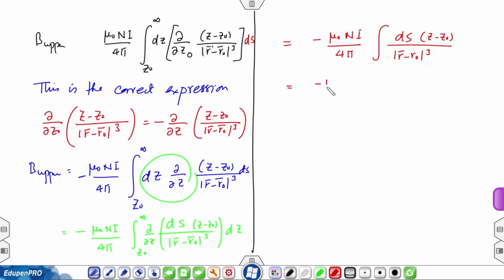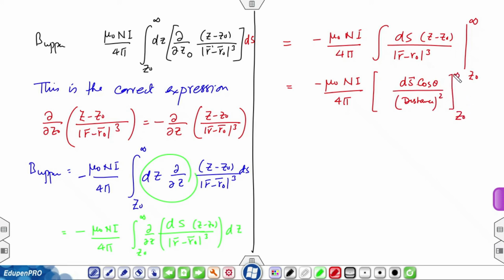Which is minus mu 0 n I over 4 pi, this is at z 0 and infinity. So, it is going to be d s cosine of theta over distance square at z 0 and infinity, right, where, let me make a picture.